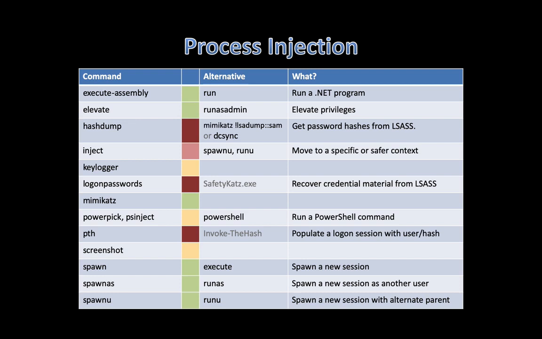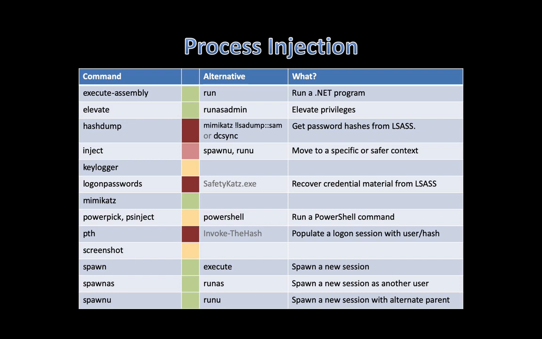Pink is a feature that targets a remote process, and dark red is woe be on you, remote interaction with LSASS, which is very, very dangerous. For all these commands that do use process injection, it helps to know the alternative ways to achieve the same end.